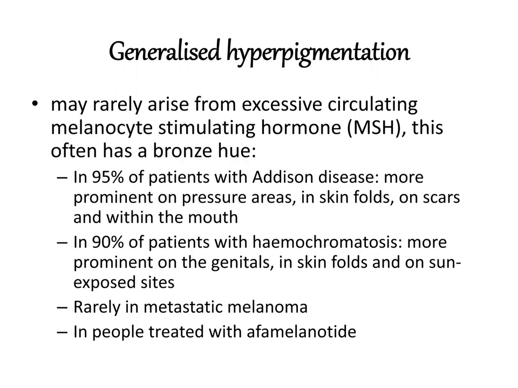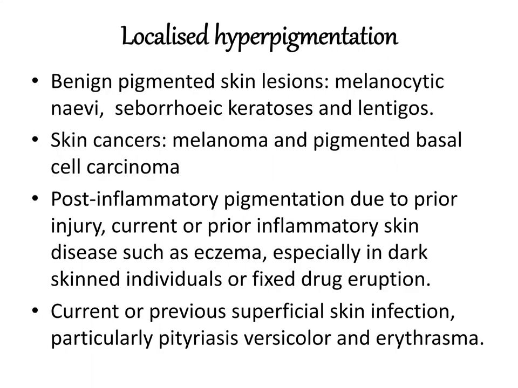Rarely, metastatic melanoma can cause generalized increased pigmentation, and sometimes certain drugs may cause hyperpigmentation. Then localized hyperpigmentation can be due to benign overgrowths of cells like melanocytic nevi, seborrheic keratosis, and lentigos.